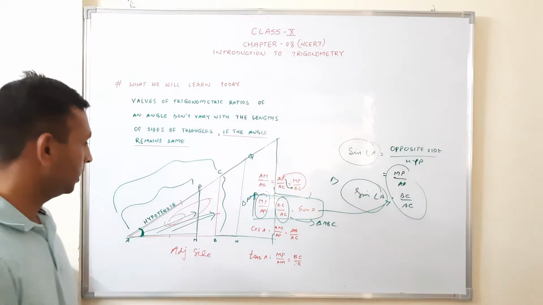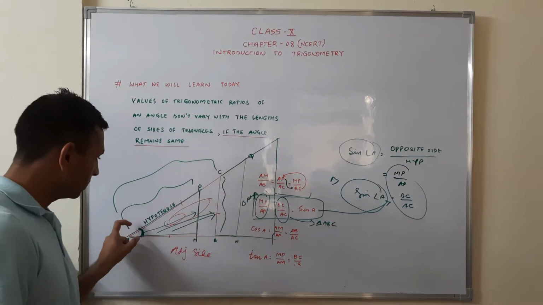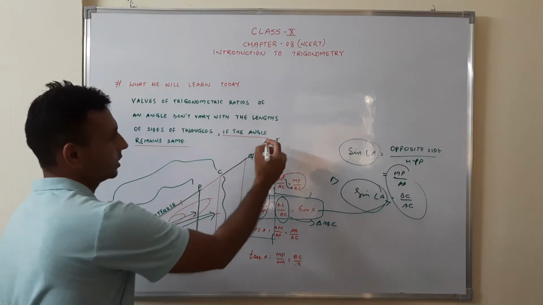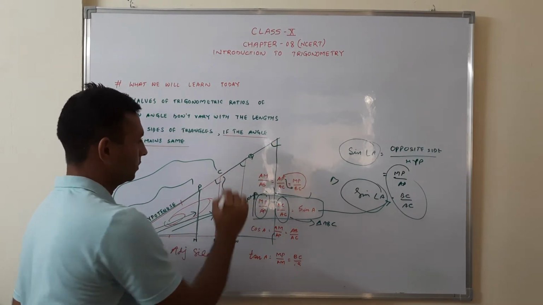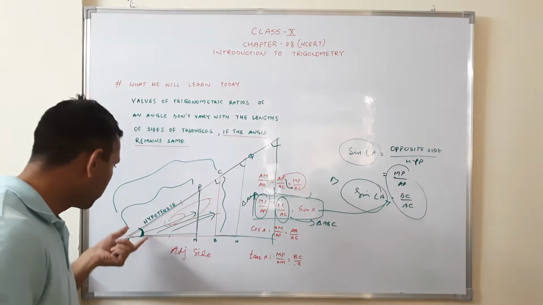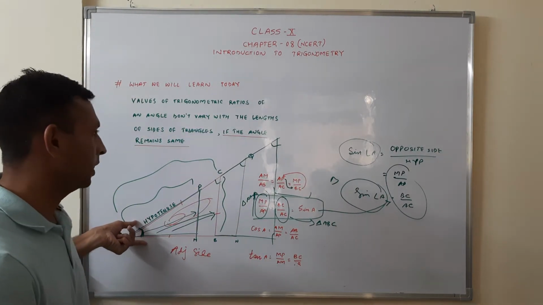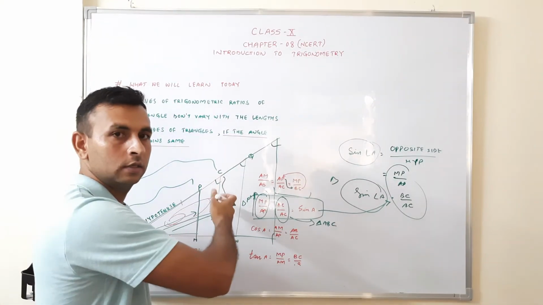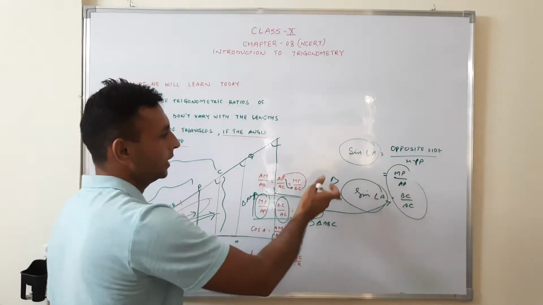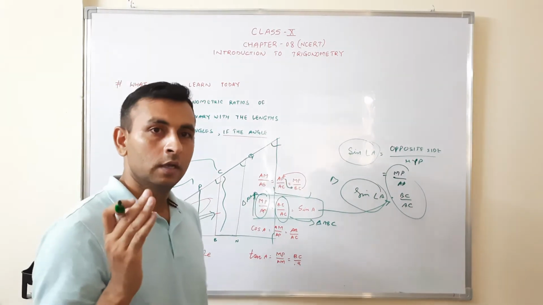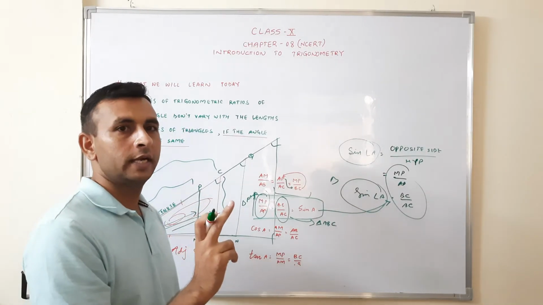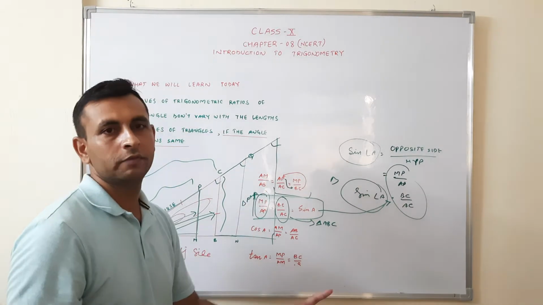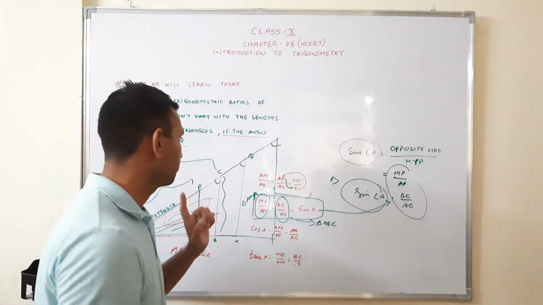I am repeating again, till the time this angle remains the same, this can be this angle or this angle, your ratio of the sides will always remain the same. I am stressing on the ratio of the sides, not on the length of the side. It will be the ratio of the sides which will remain the same.